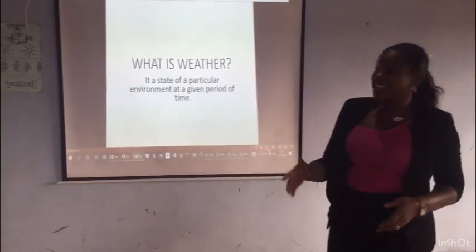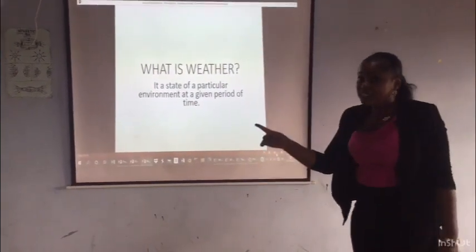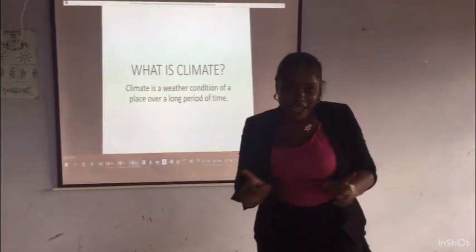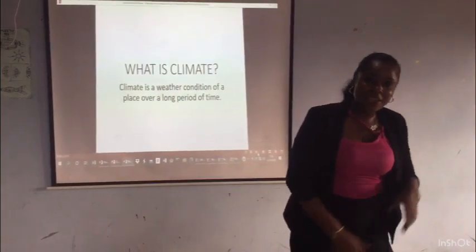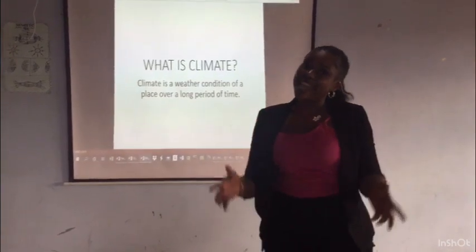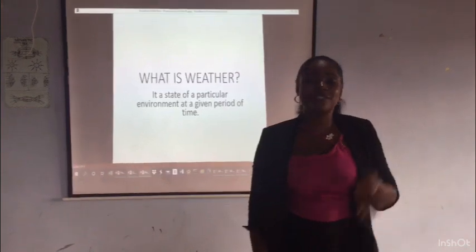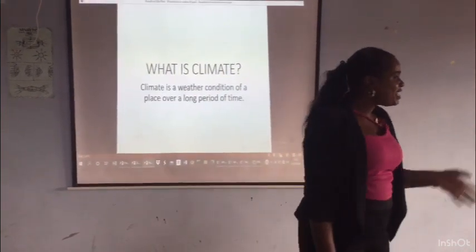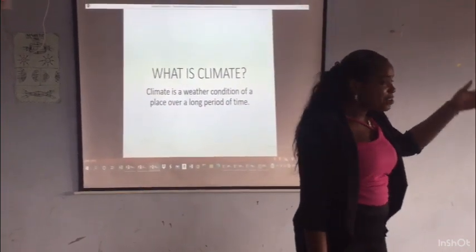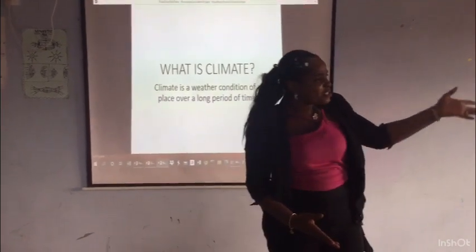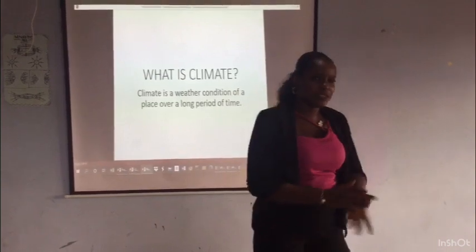Weather is a state of a particular environment at a given period of time. I'll say it again. Weather is a state of a particular environment at a given period of time. Now look around you and ask yourself, what's the state of my environment right now?